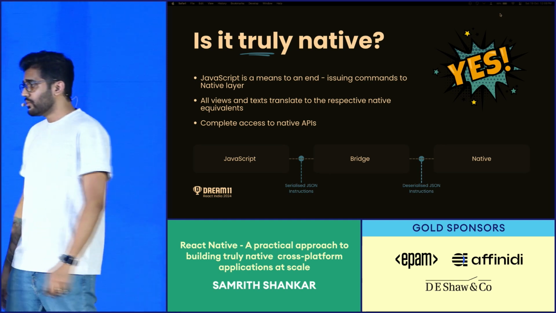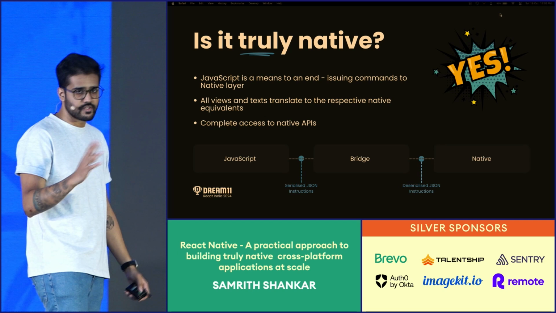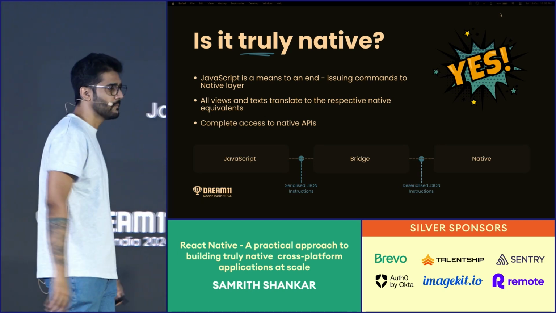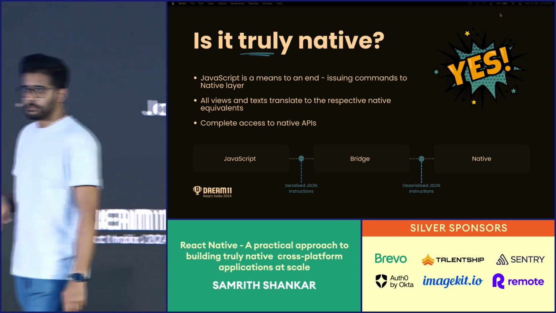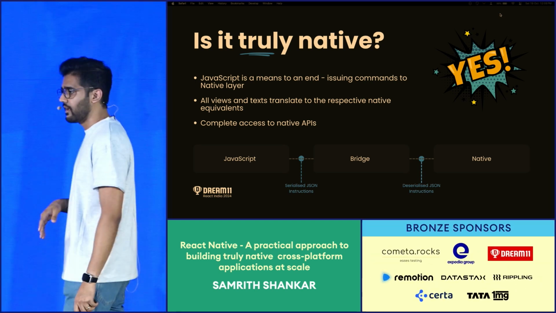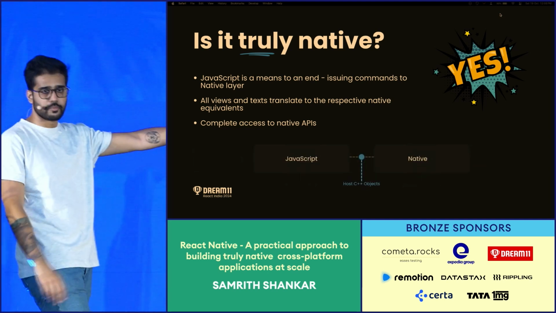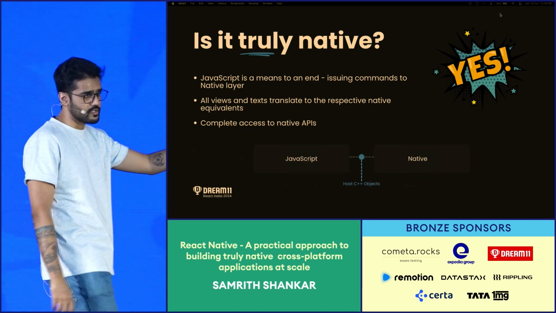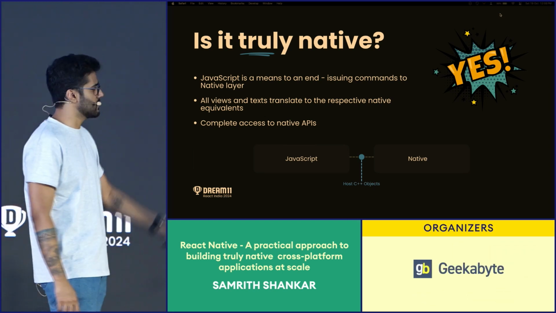This was the case until version 0.73 of React Native. From 0.73, the React Native team introduced bridgeless mode. Bridgeless mode is essentially cutting off the bridge, so no more bridge. If you're on 0.73 and above, you can opt into it. From 0.76, this is the standard.